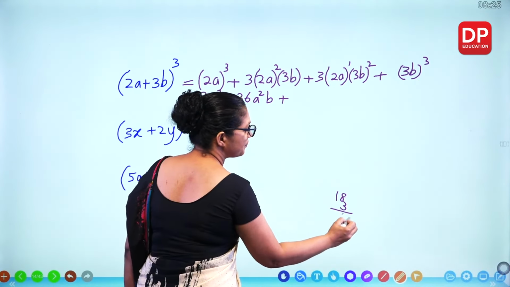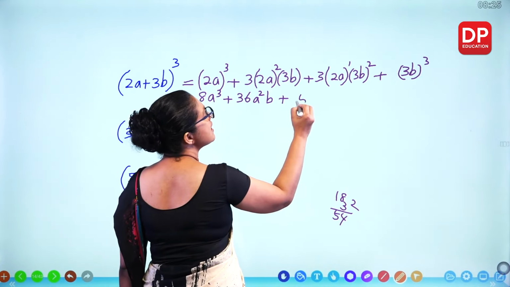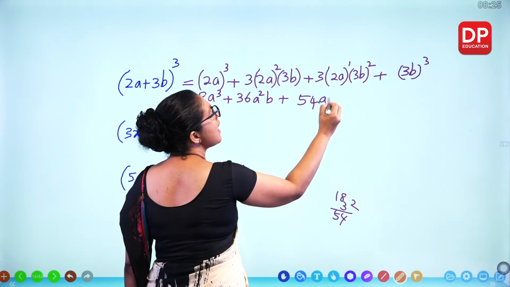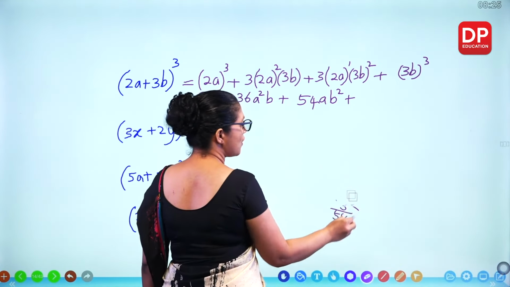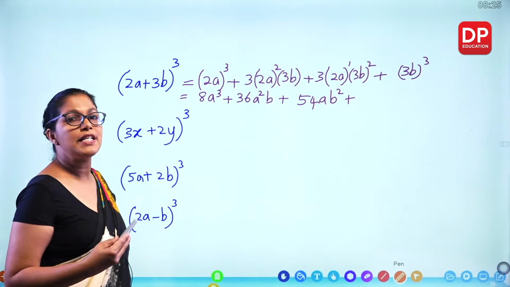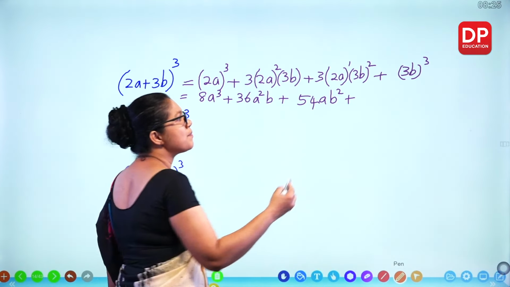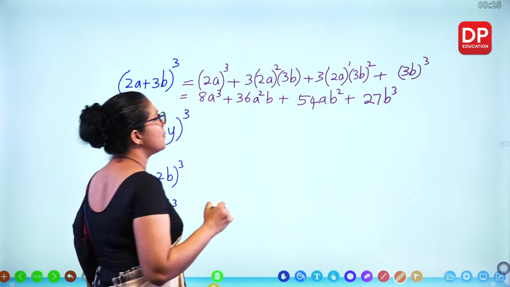What's 18 times 3? 54. So you are getting 54ab squared. And then what you get for the last term? 3b times 3b times 3b. 3 times 3 times 3, you get 27b cube.